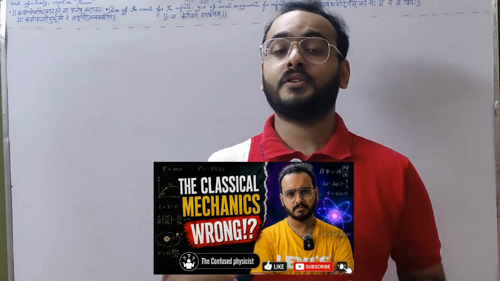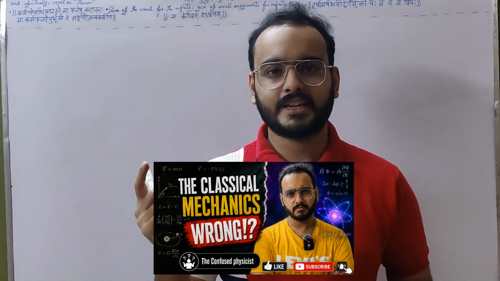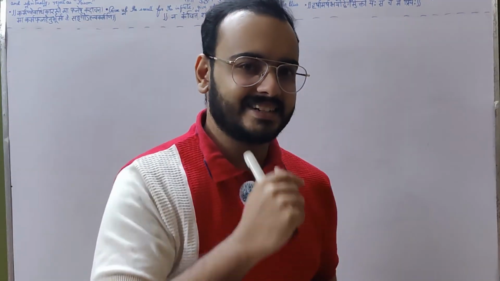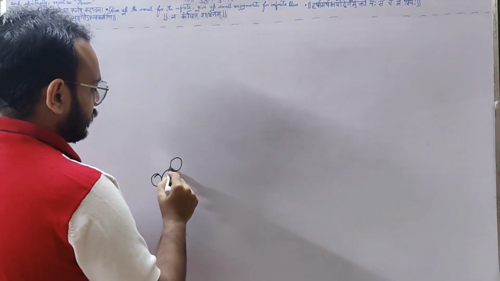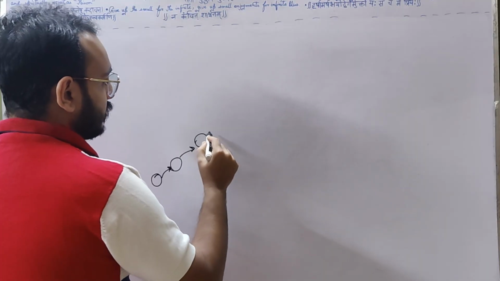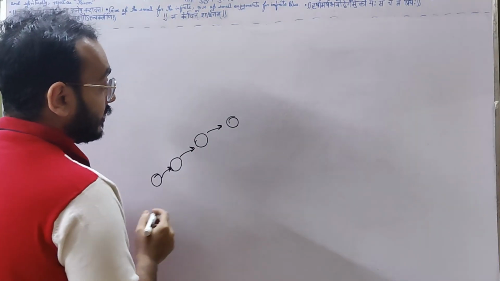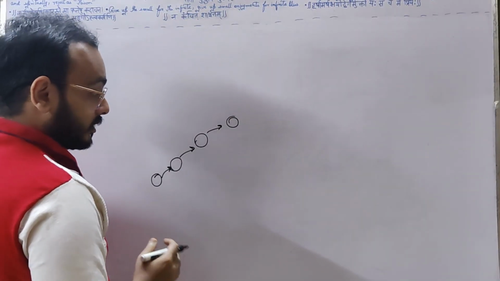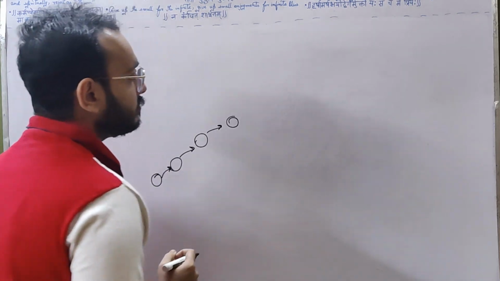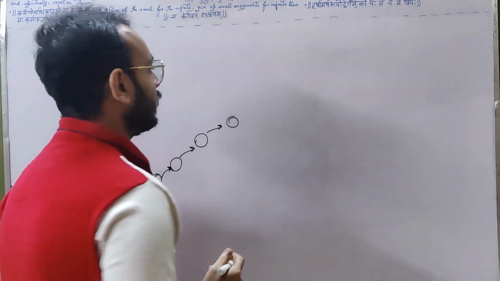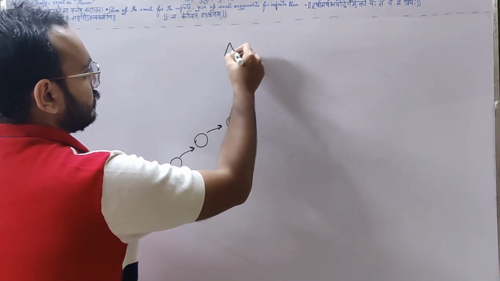Remember, in the first video of my channel, I had conducted an experiment with an electron. Let's redo that experiment. I had an electron that was moving like this, such that I have measured its velocity very accurately. Now I want to measure its position at the same time. So I am watching it.